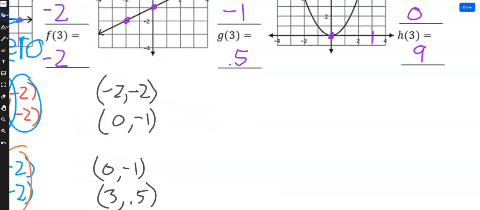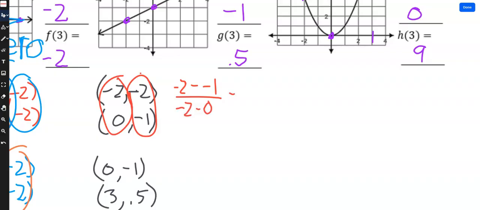Okay, so set up my coordinates ahead of time here so I could do this a little bit faster. -2 minus -1 over -2 minus 0, and that would be -1 over -2, which is 1/2.